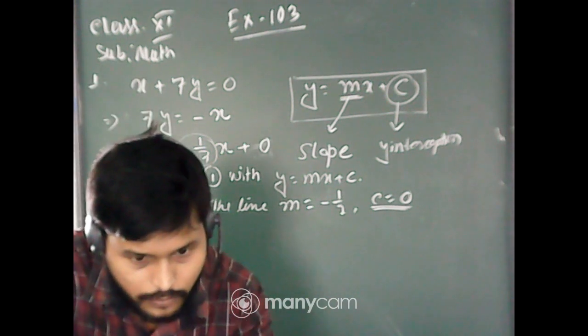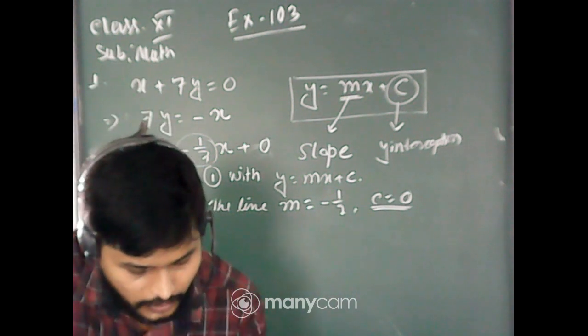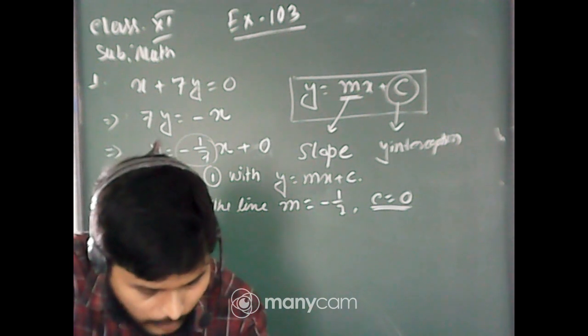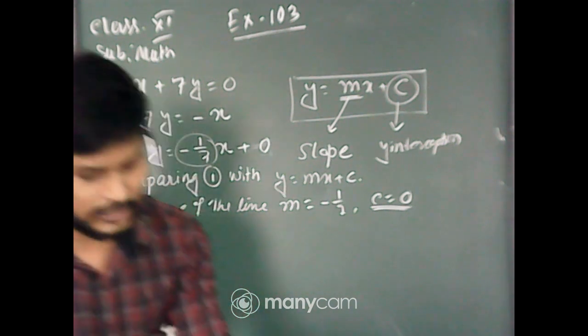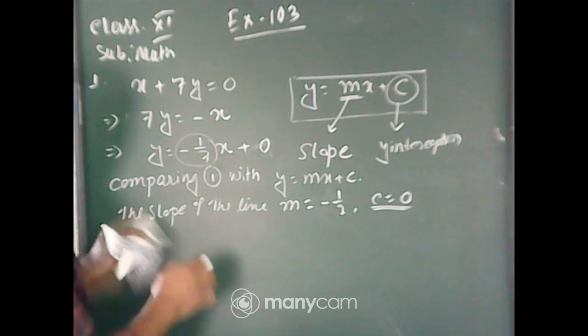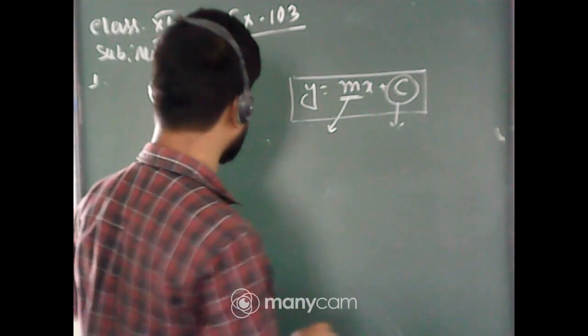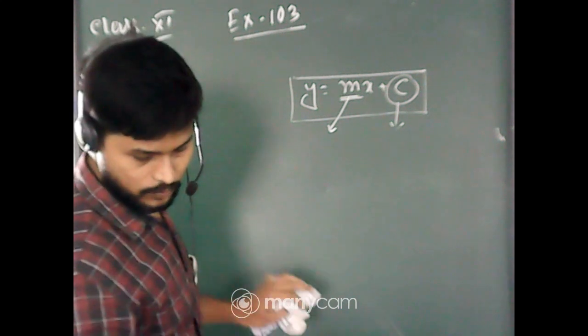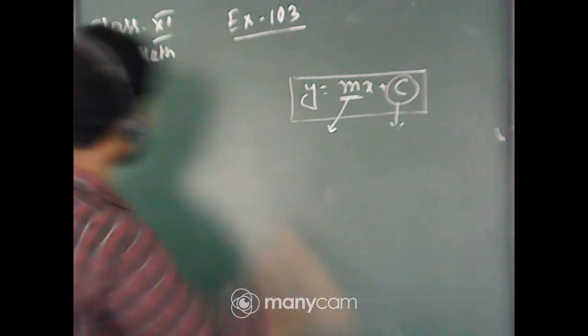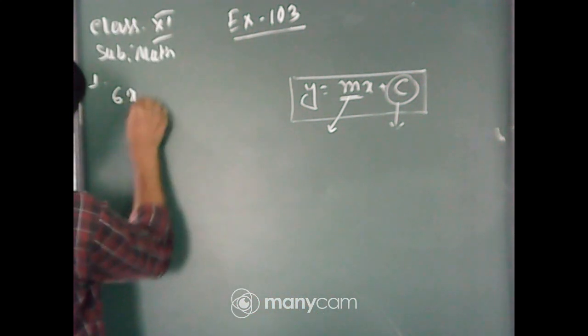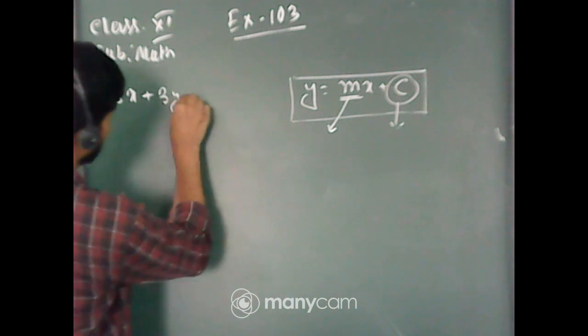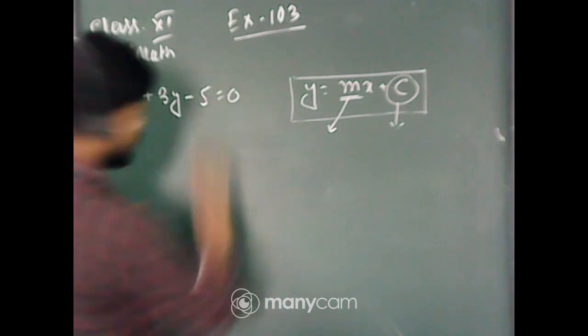Correct answer. Now I am giving another question. Question number 2: 6x plus 3y minus 5 is equal to 0.